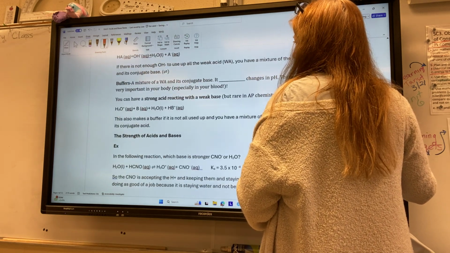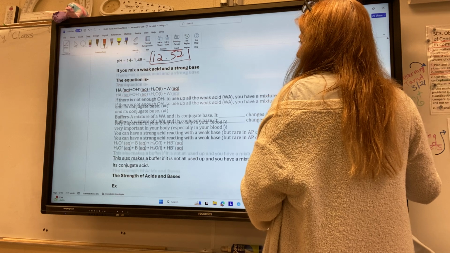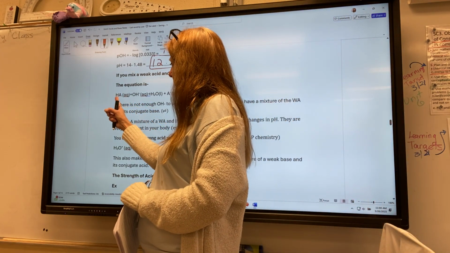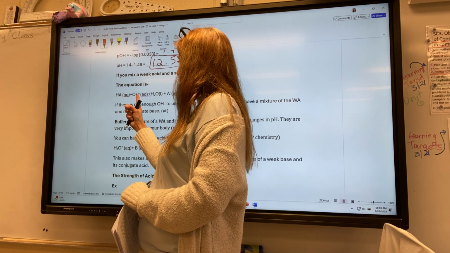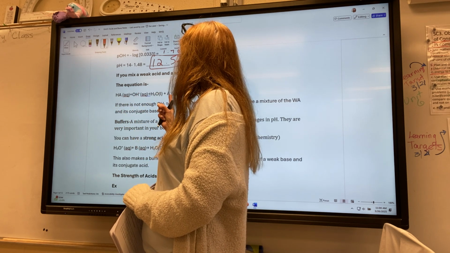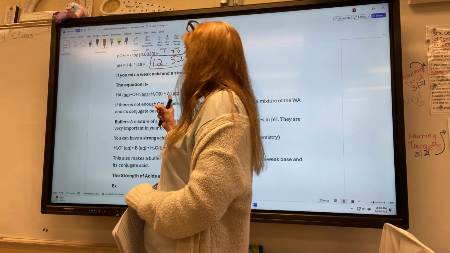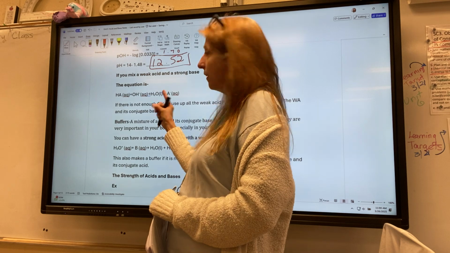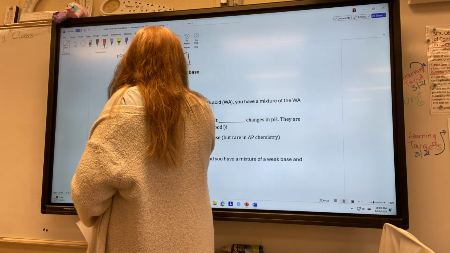Let's get to it. So this is the equation. This is the weak acid, there's its H on it. That's the strong base, hydroxide. It makes water and the conjugate base of the weak acid. Remember I just told you it would have base in it? There's the base right there. That's a conjugate base.